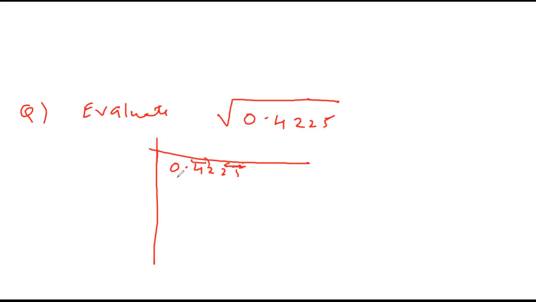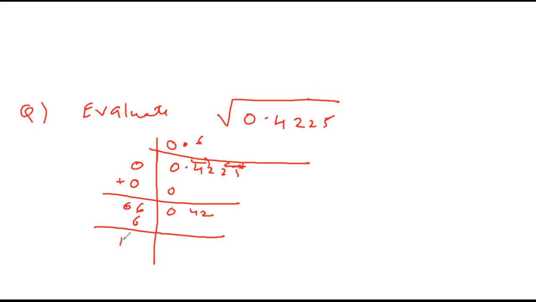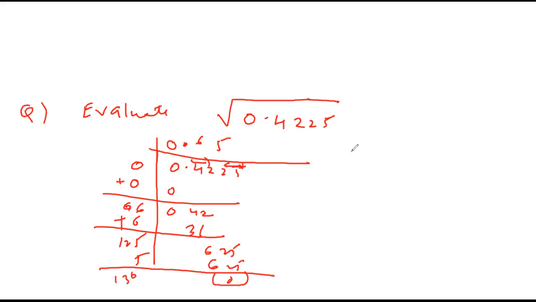One couple, two couple. This is individual. So 0, 0, 0. Then 42, here decimal. 6 into 6 will become 36. Here 6 plus 6, 12. Remainder 25, 5. Therefore the square root of 0.4225 is 0.65.